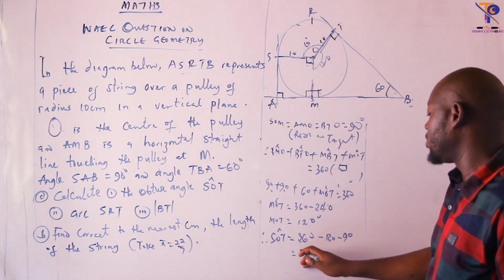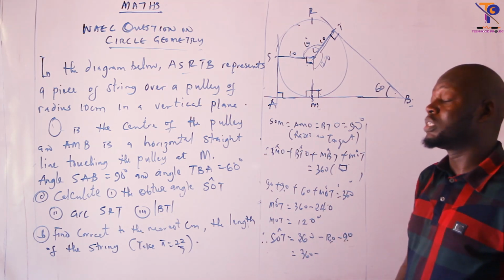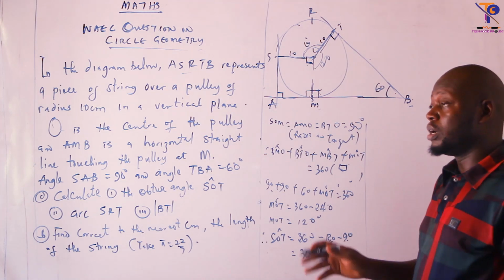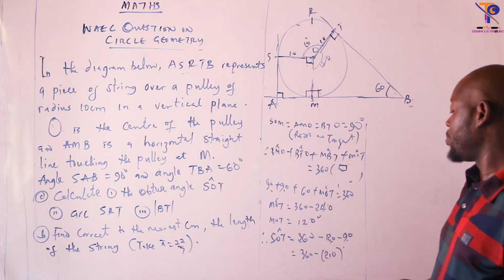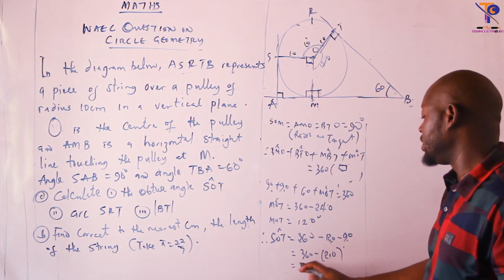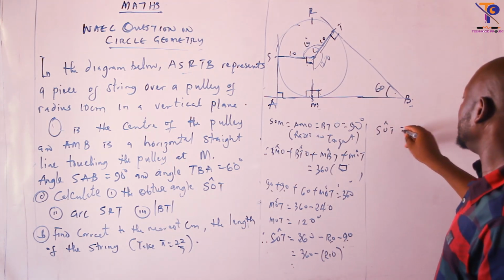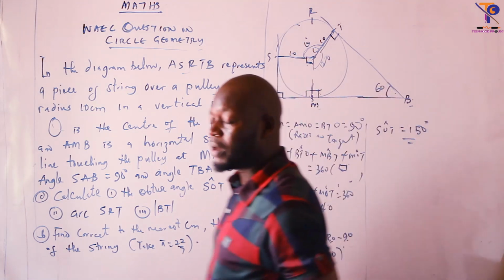So we have 360 minus this one plus this. We have 210, so we have 150 here. Let me write it here. So our SOT is equal to 150 degrees. That is all about SOT.